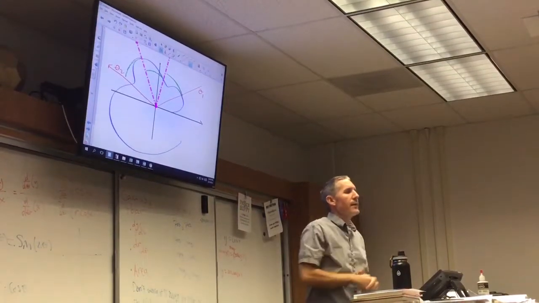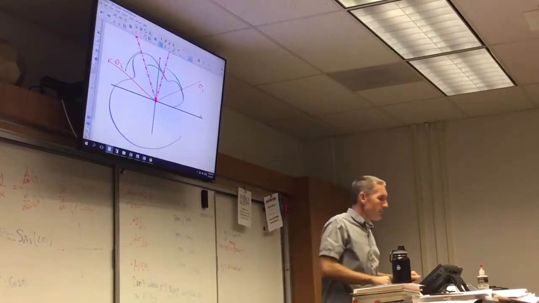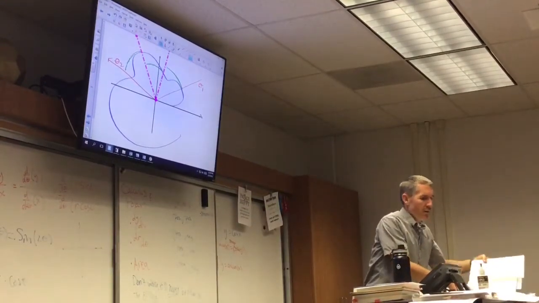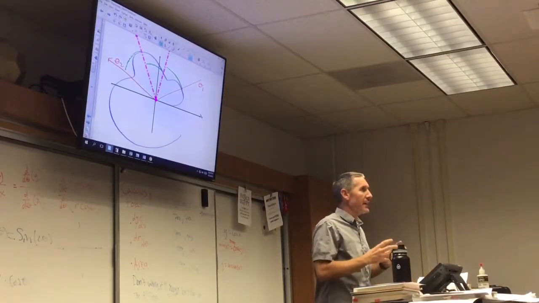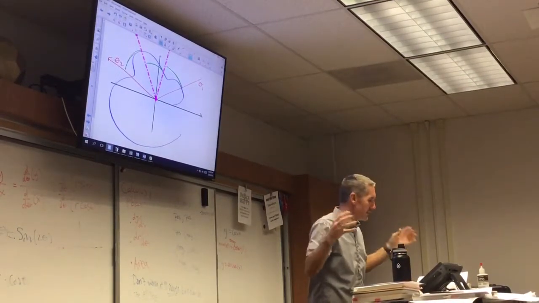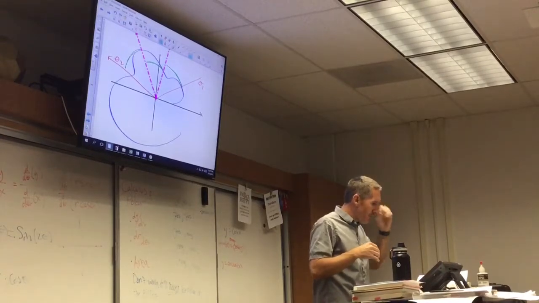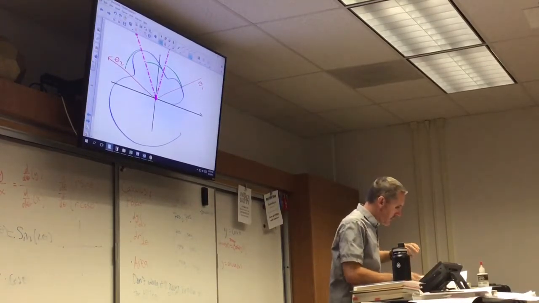If you were to apply the limit as the number of sectors approached infinity, then you're going to get what the formula is. So really quickly, do you remember what the area of a sector is?